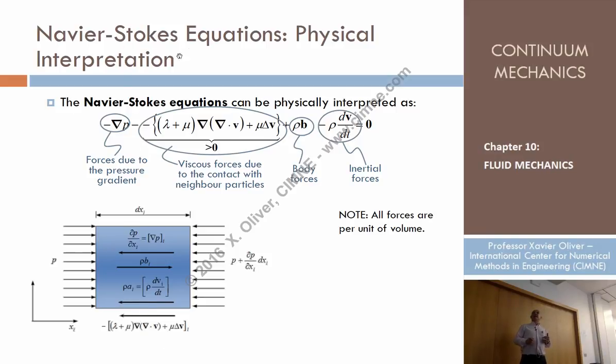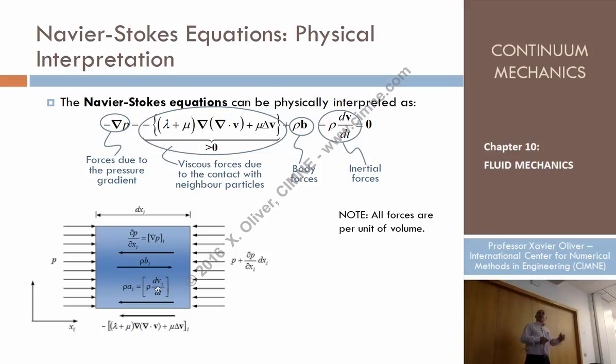But in Newtonian fluids, in the general case, neither the viscosities nor the gradients of the velocity are 0, and we have to consider these viscous forces, which oppose the motion of the particle.